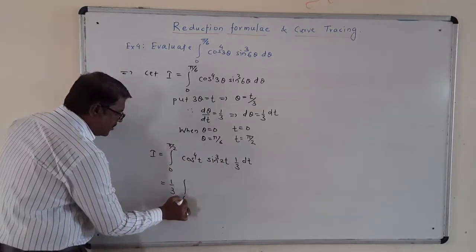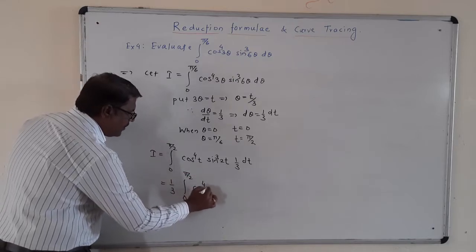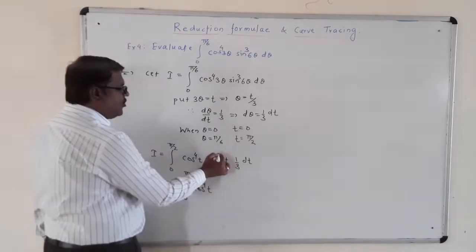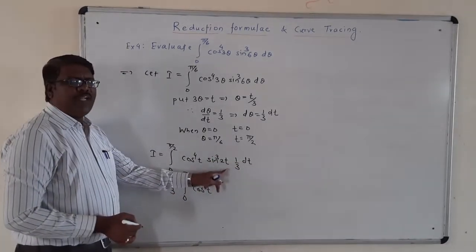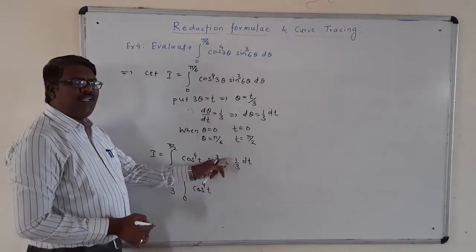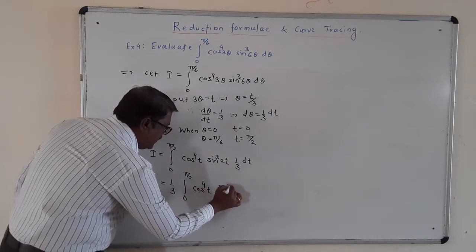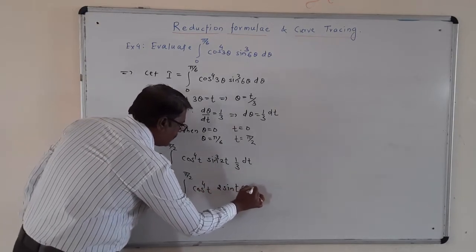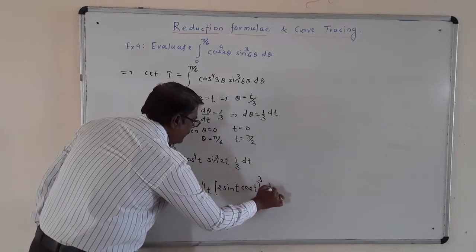So integration 0 to pi by 2 cos raised to 4t, and this sin cube 2t can be written as (sin 2t) cube, and sin 2t is 2 sin t cos t. So (2 sin t cos t) cube dt.